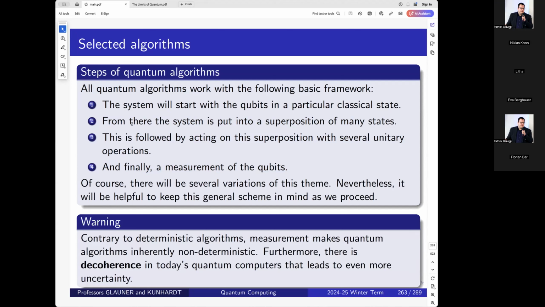But also as a summary, there are challenges, because measurement is not deterministic. We've seen this. You run the same experiment twice, you may get different outputs. This is partially caused by the measurement, but also by decoherence. Decoherence is a major issue in today's quantum computers.